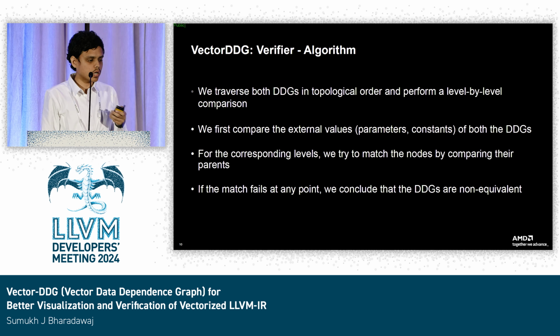Once these values are compared, by the method of induction, we can ensure that the two nodes of the corresponding graphs are equivalent by ensuring that the parents are identical as well. Once this comparison is successfully done and the instruction sets on both sides are exhausted, we can conclude that the graphs are equivalent. However, if the match fails at any point, we can say that the graphs are not equivalent.